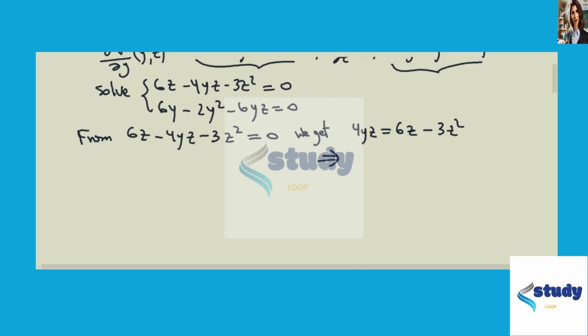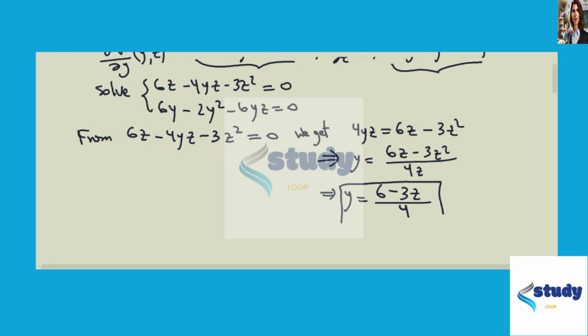So all the variables got to be positive, and so we can divide by 4z, and we get y equals 6z minus 3z squared over 4z. We simplify z here, and we get 6 minus 3z over 4. And that's y in terms of z.